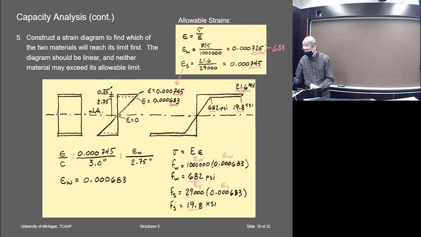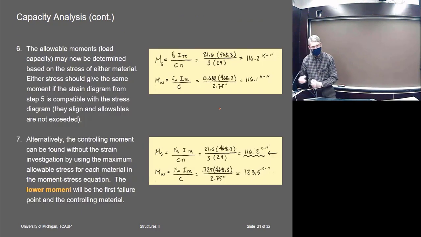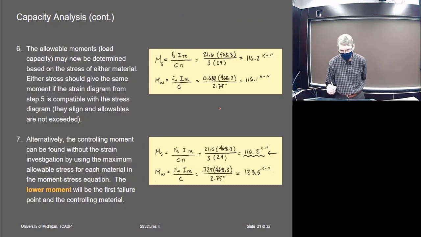Okay, so then we've got to calculate the moments. That's what we were after, the allowable moments for this thing, capacity in terms of moments. So in the steel, I plug in the value that this is the stress limit that I just calculated.